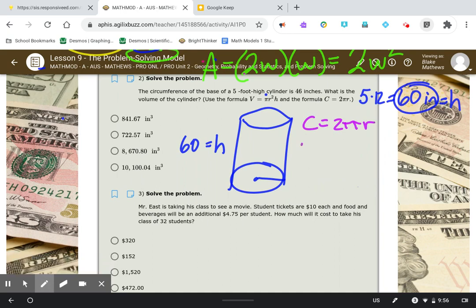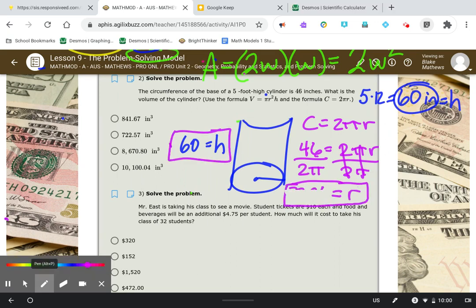So 46 equals 2 pi r. If I divide both sides of the equation by 2 pi, that will give me r. So we need to calculate 46 divided by 2 pi. I made a mistake, so I'm going to go back here, and 46 divided by 2 pi was actually 7.32.